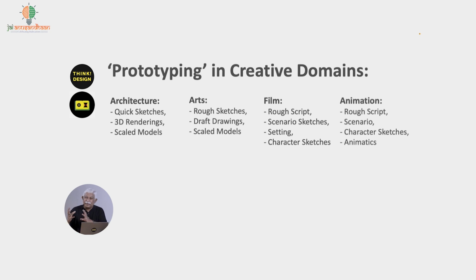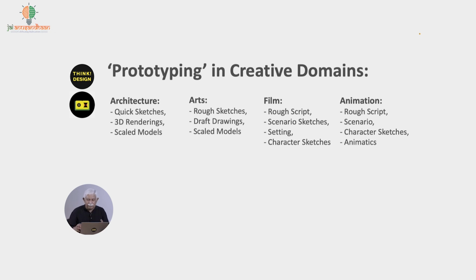And in animation, you make a rough script, you create a scenario, you make scenes of this scenario frame by frame, you make sketches of the characters and finalize them, and you can play the shots one after another, which is called animatics, and you can get a feel of what your animation would be like.